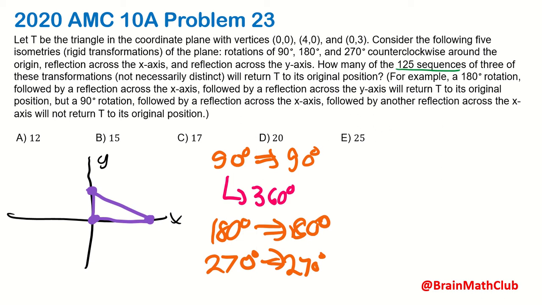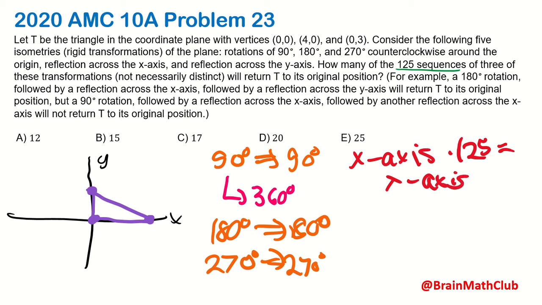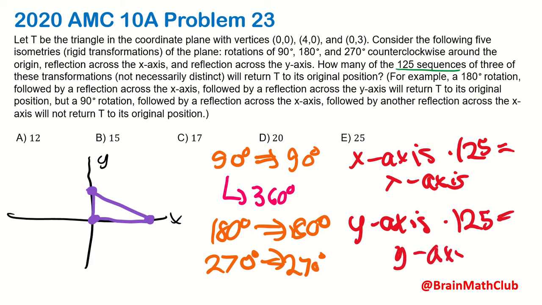And because 125 is odd, an x-axis reflection 125 times is equal to just an x-axis reflection again. And a y-axis reflection 125 times is just equal to a y-axis reflection once.